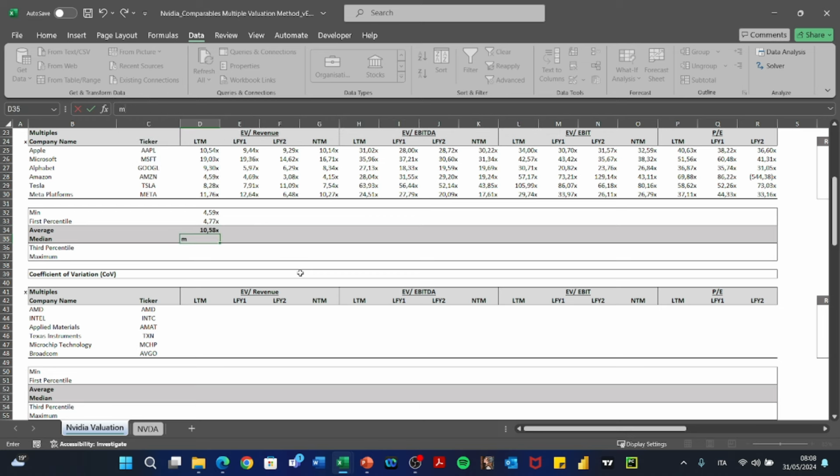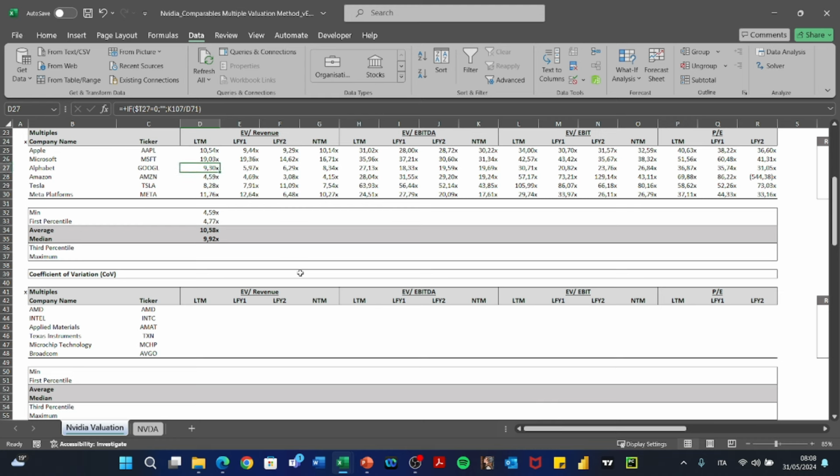the median. The median is useful when you want to erase the effect of, when you have in a panel some really high range numbers and really low range numbers.